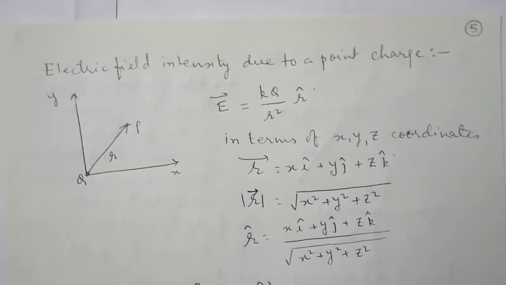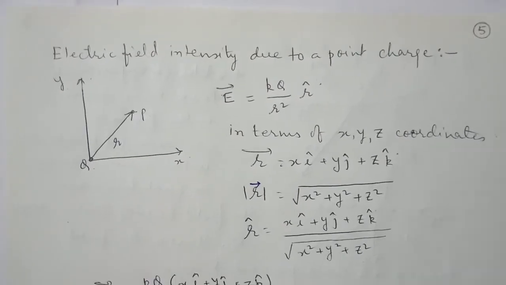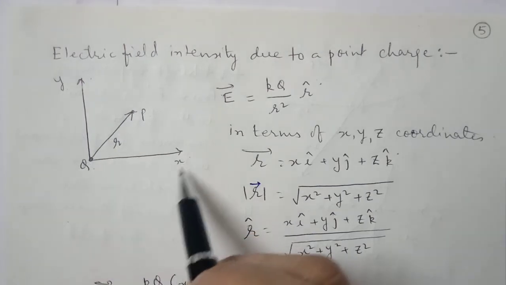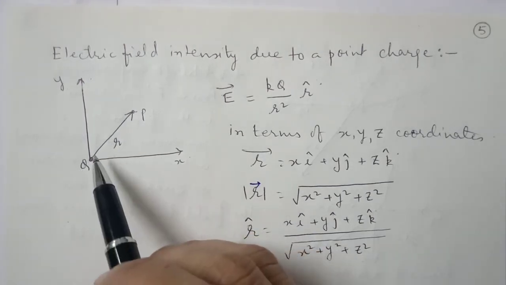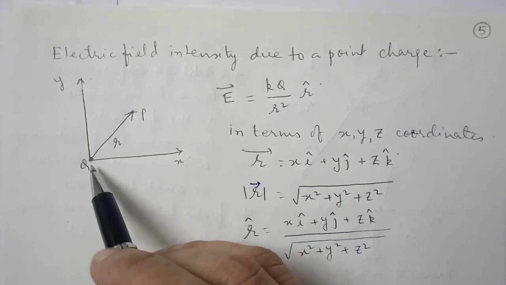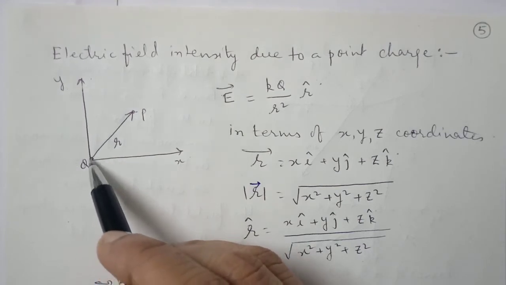As I said, field is a vector quantity, so let's denote it as a vector. Considering the Cartesian coordinate system, let me call this the XYZ plane, XYZ region. Source charge capital Q is placed at the origin.